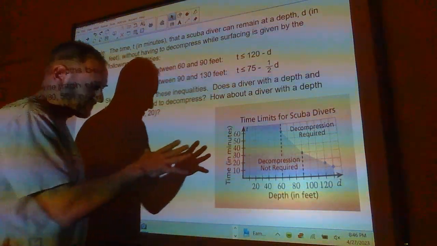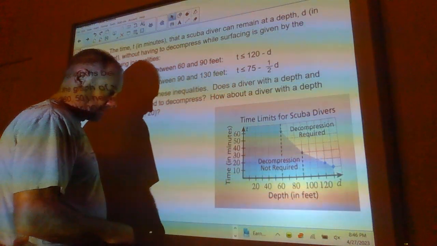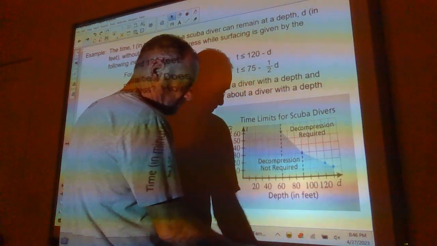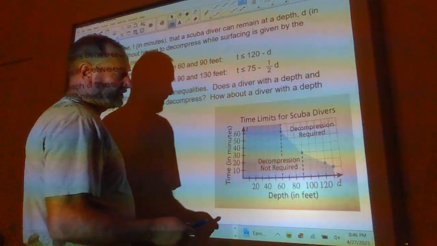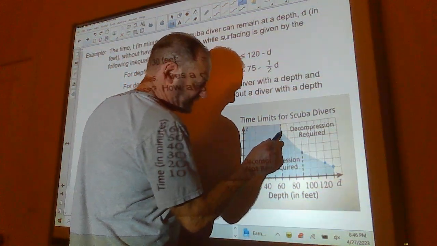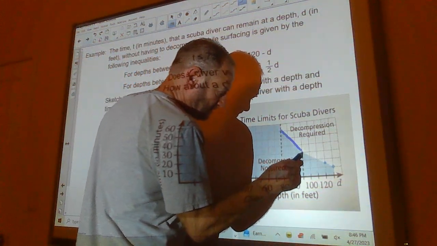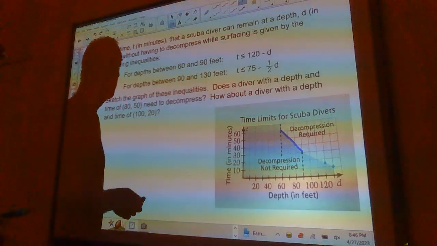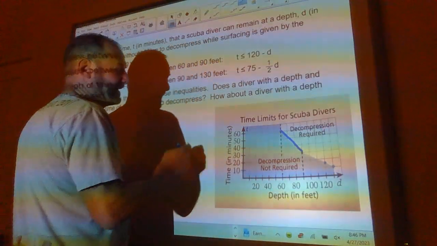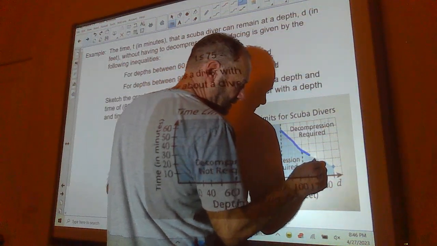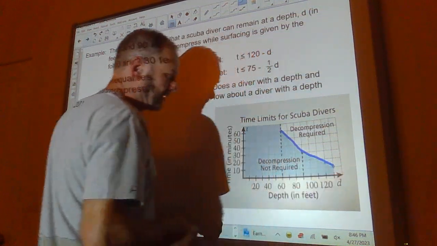So here, this graph was already done. Okay, so what you've got is 120 minus d. That would be this line right here. Okay, between 60 and 90 feet, and then between 90 and 130 feet, you've got that line there.